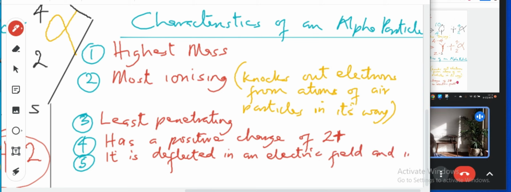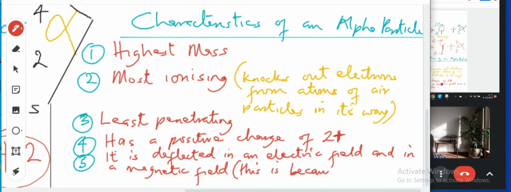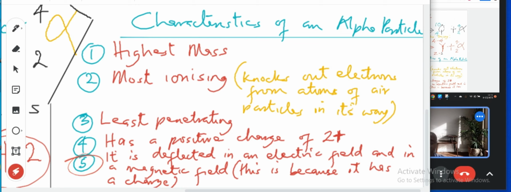It is deflected in an electric field and in a magnetic field. So let me just complete all that. Read what I wrote in number 5.